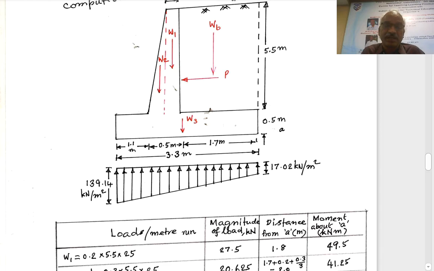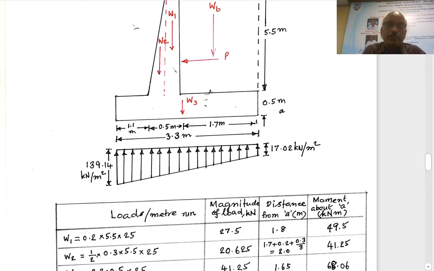So the vertical force into the horizontal distance is 49.5, that is the moment. Similarly, next W2. W2 is the triangular portion, so half into 0.3 into 5.5, as 0.2 we have already taken. That gives the area, into 1 meter length, that is the volume, into the density of concrete 25, so that is equal to 20.625.